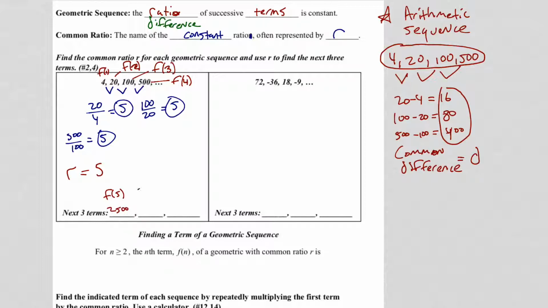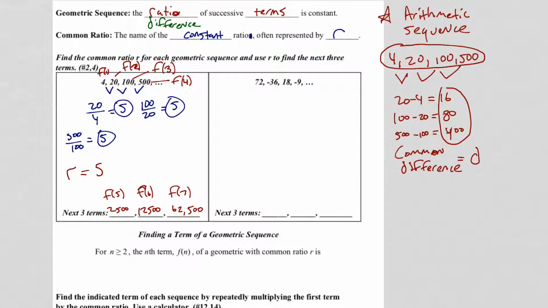And f of 6 is going to be 2,500 times 5, 12,500. F of 7 is going to be 12,500 times 5, 62,500. So you're probably going to need a calculator for this section. Just heads up. You should grab one.